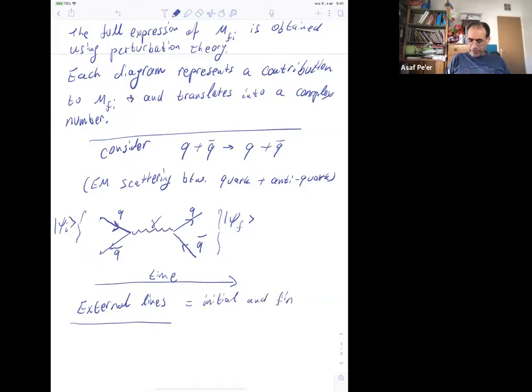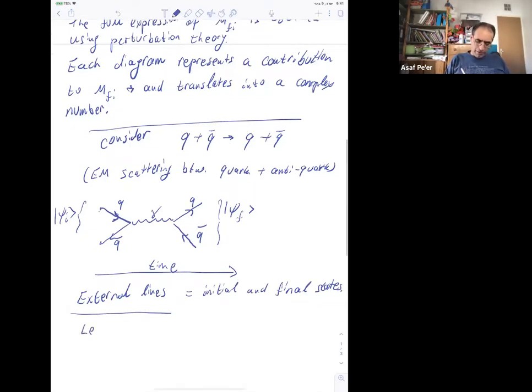That's true for any Feynman diagram, of course. So to the left we have psi I, the initial state particles, and to the right is the final state.